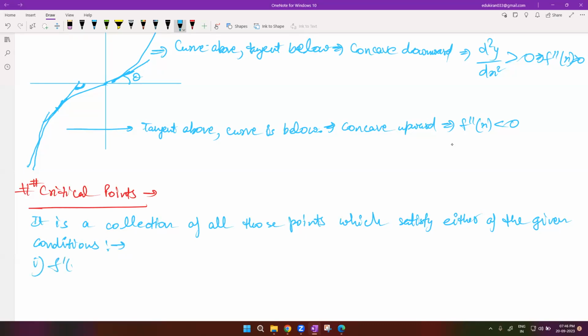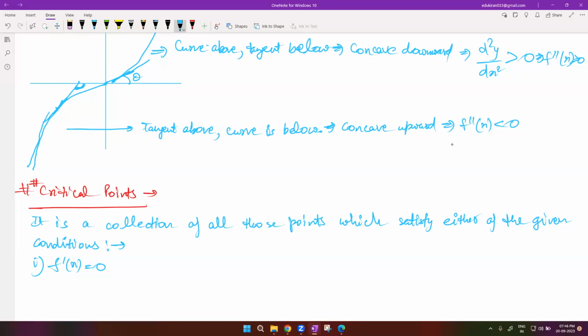The first condition is if my f dash x is 0 at any x, then that x is known as your critical point. So if your f dash x is 0 at any point, then you say this is a critical point.